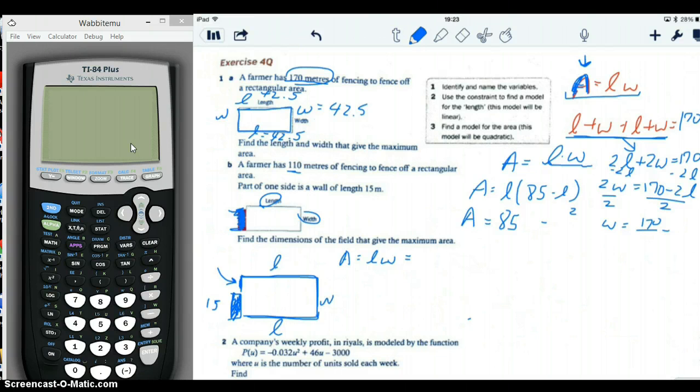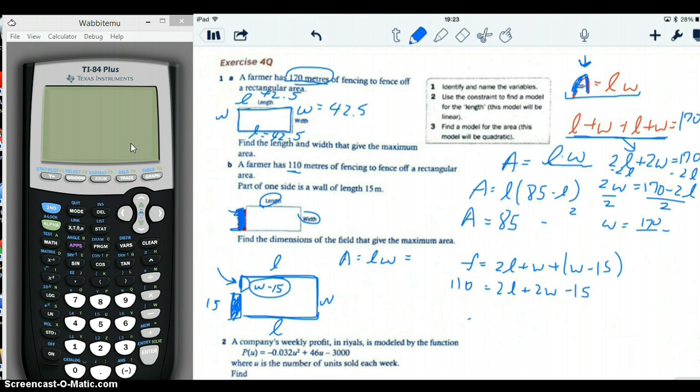So if we were going to add up how much fence, the amount of fence is equal to 2L plus W plus, and then this part here is actually W minus 15, because you're subtracting off the piece you have here. Oops, I got that opposite. It's not 15 minus W, it's W minus 15. Okay, so you got 2L plus 2W minus 15, and that totals up to 110, because that's how much fence you got.